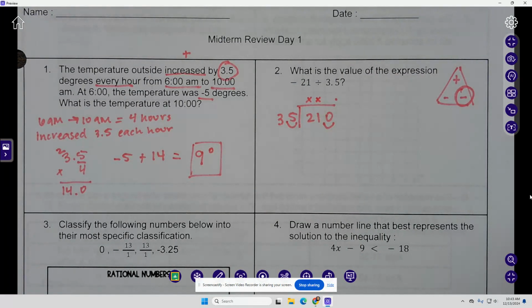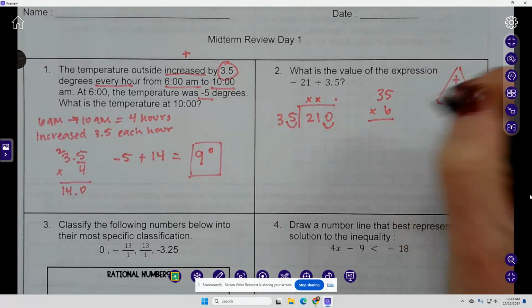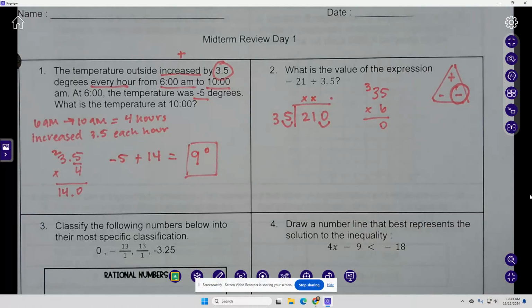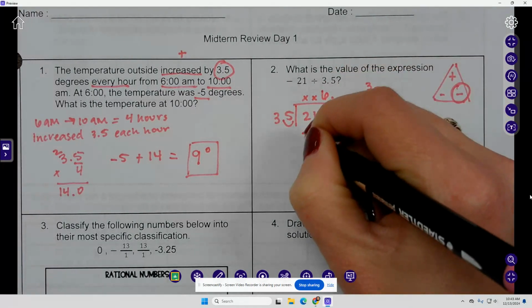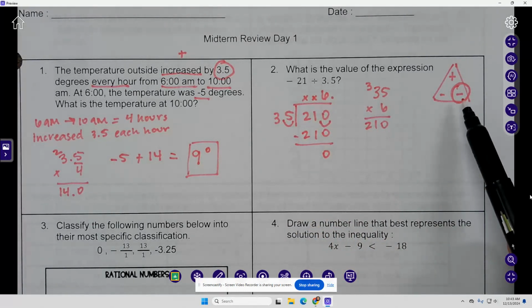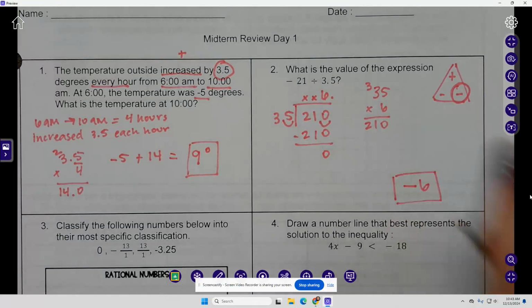This is where you have to guess and check. 6 times 5 is 30. 6 times 3 is 18, plus 3 is 21. So 35 can go into 210 6 times. But we can't forget our negative. So my answer is -6.